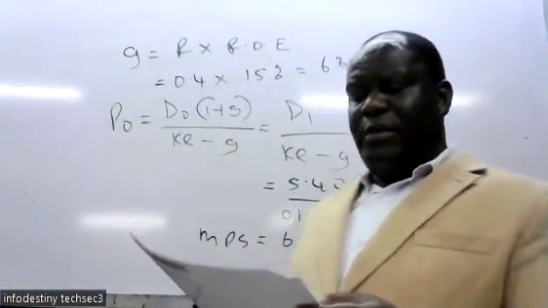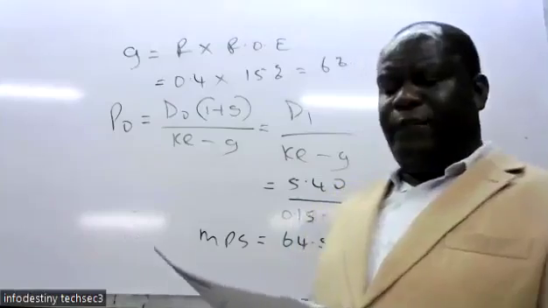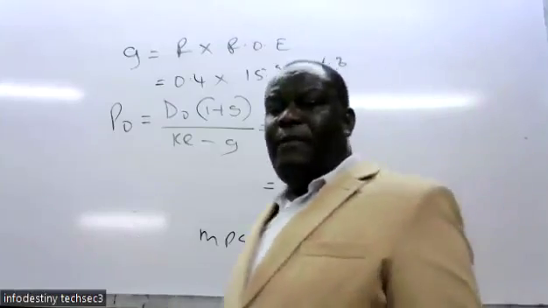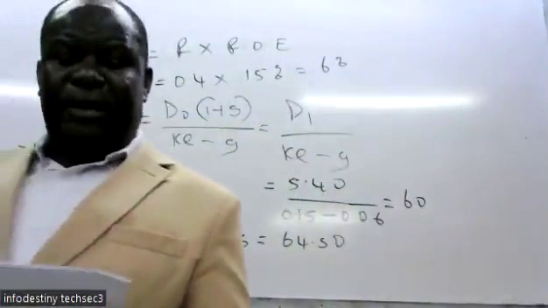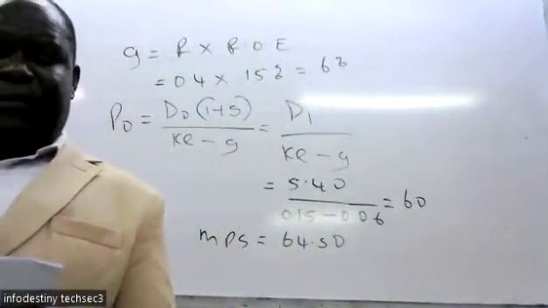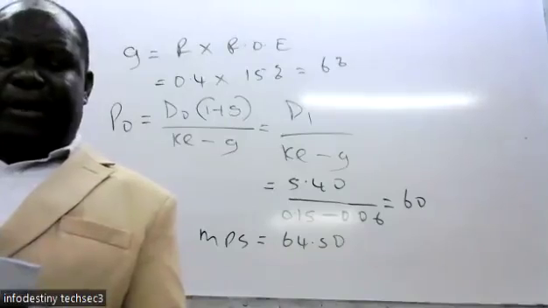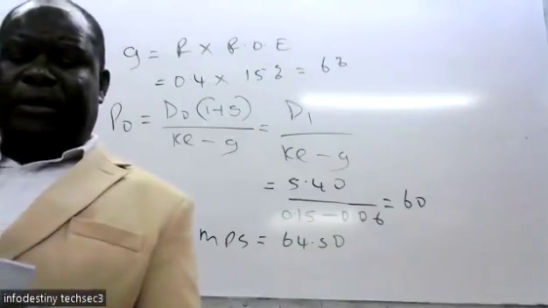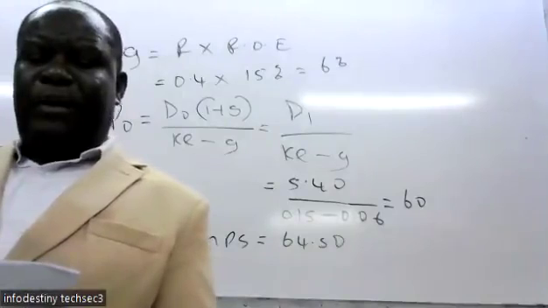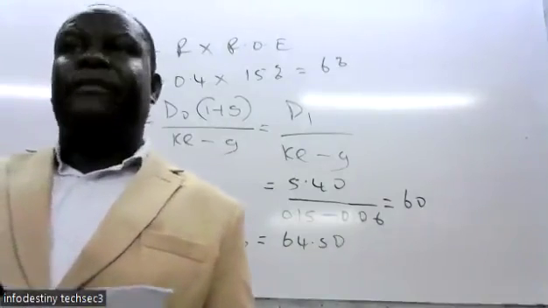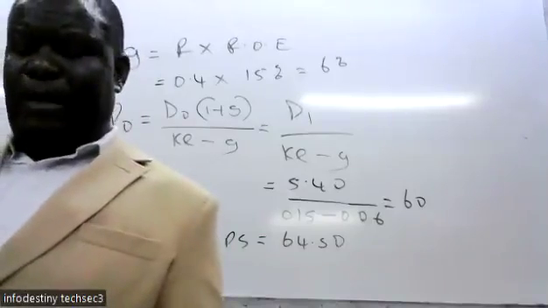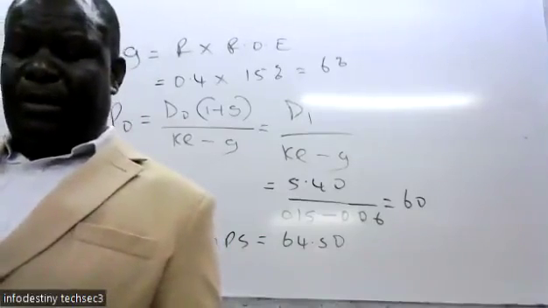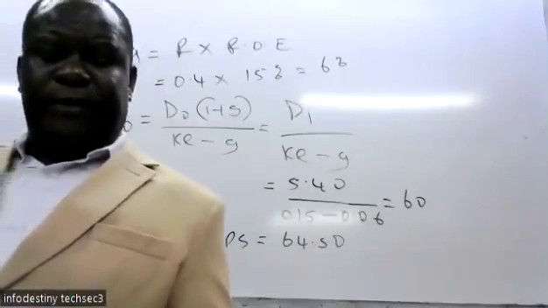Then they continued that if the market price of the security is less than the theoretical value, you see that? Then the security is said to be what? Undervalued. The security is said to be undervalued by the market forces.